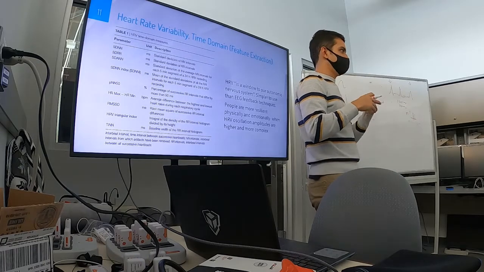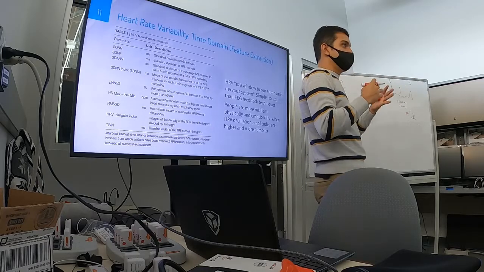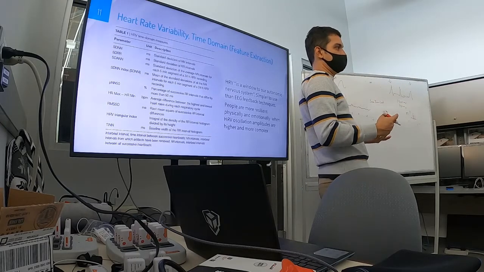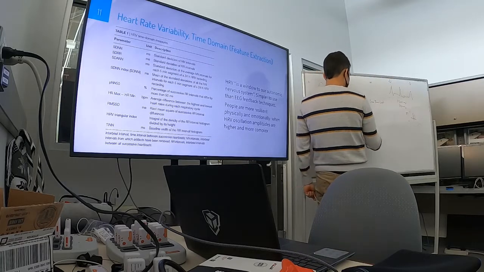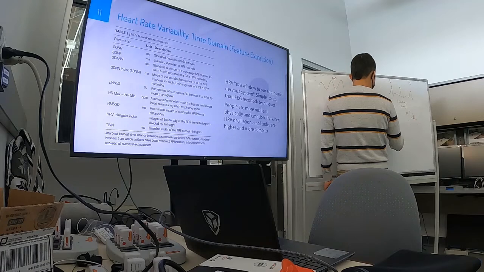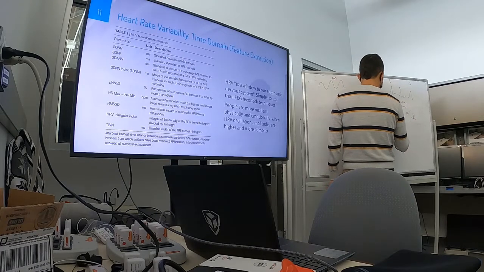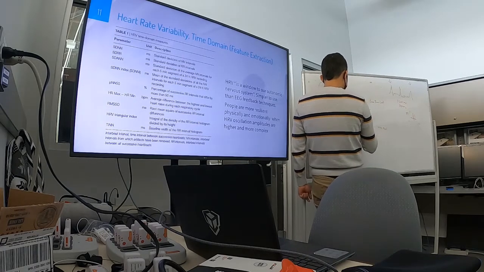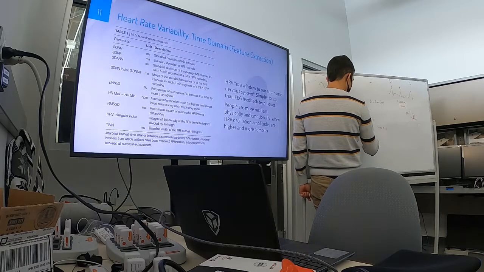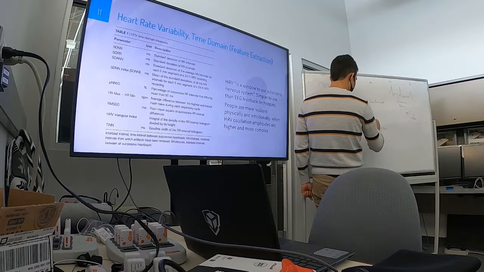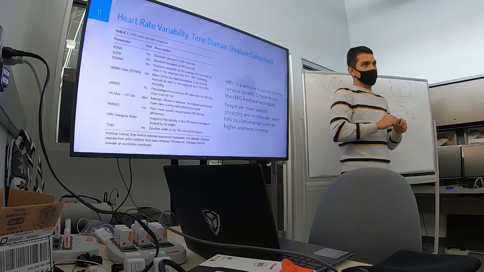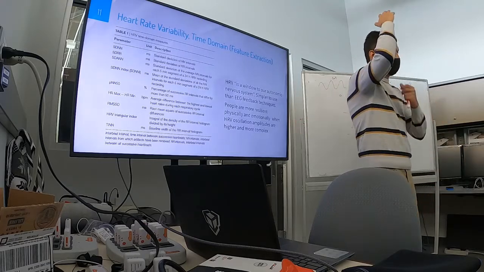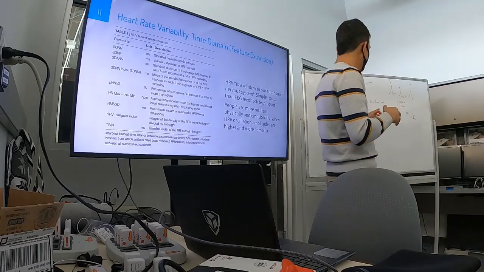There's not a lot of accommodation of the sympathetic and parasympathetic nervous system towards the external stressors. Whereas when you have a more resilient person, you probably will have the same, but the behavior would be like it goes up, it moves, and it certainly is more dynamic based on the stressors that you have. That's why they say more complex and higher amplitudes of the variability of your heart.